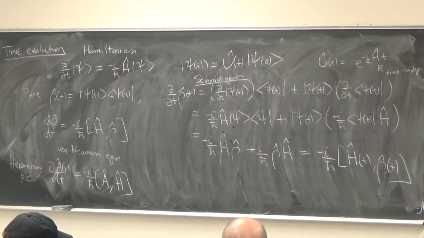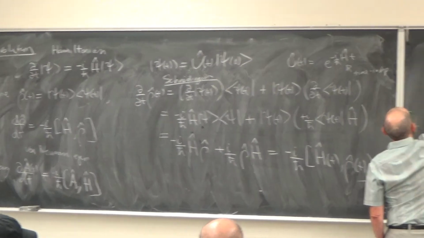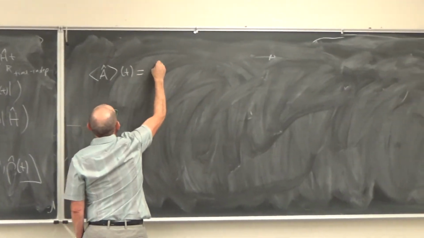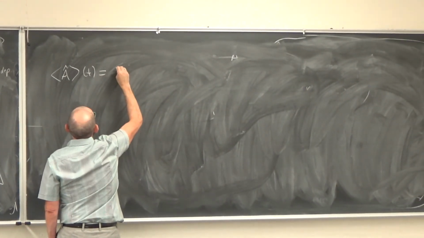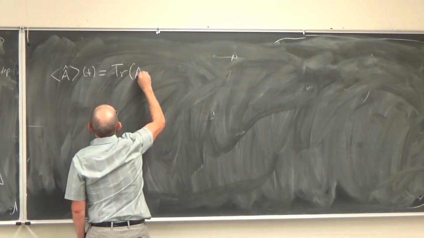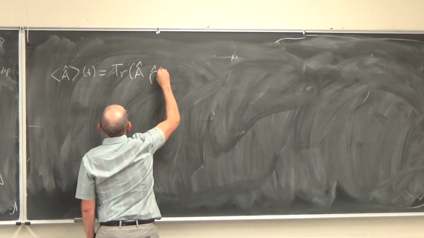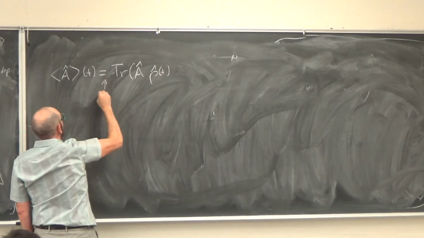Now, if I were to ask something, for example, about how the expected value evolves as a function of time, I could do that in either the Heisenberg picture or the Schrödinger picture. Dealer's choice. So if I wanted to ask, what is the expected value of A as a function of time, I could say, well, that is equal to the trace of A with rho of t in the Schrödinger picture.